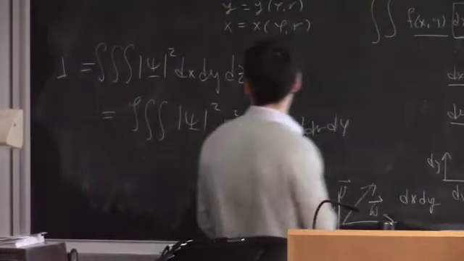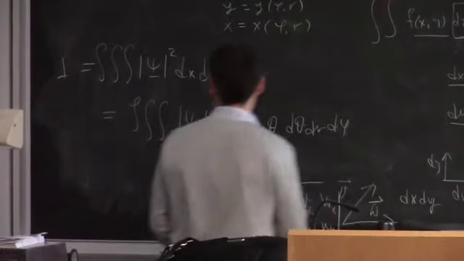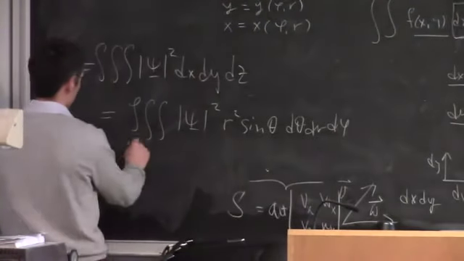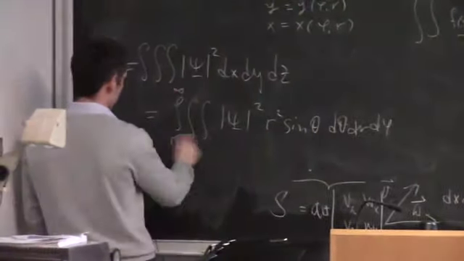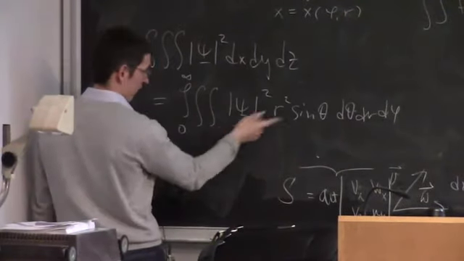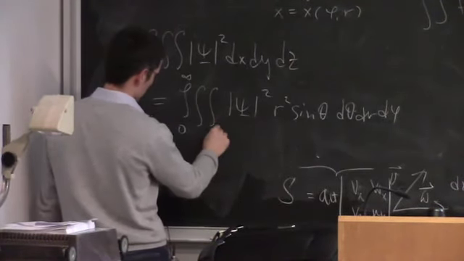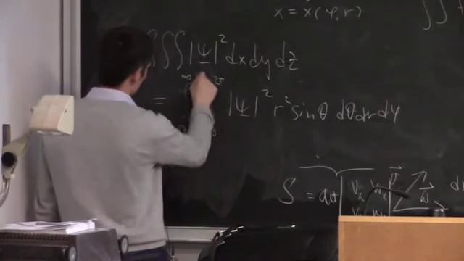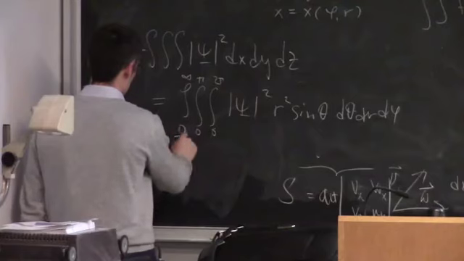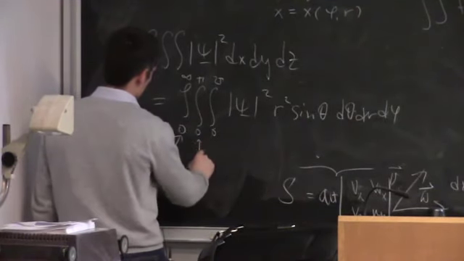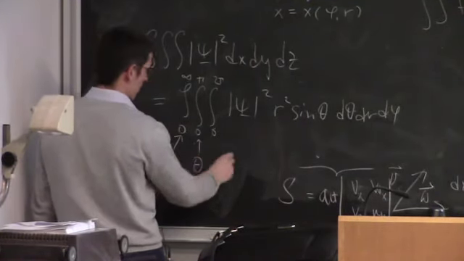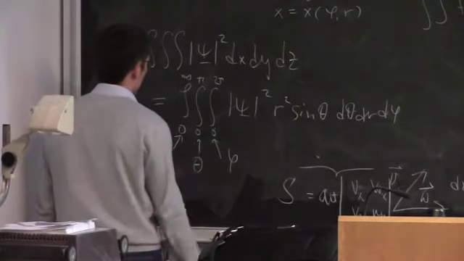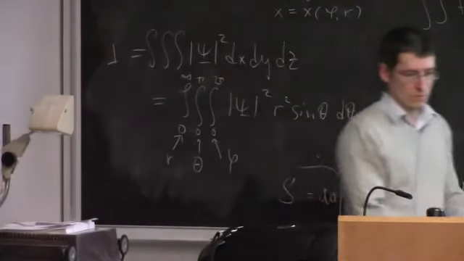And just also mind that the radius goes from 0 to infinity, then phi goes from 0 to 2 pi, and theta goes from 0 to pi. This is radius, this is theta, and this is phi.